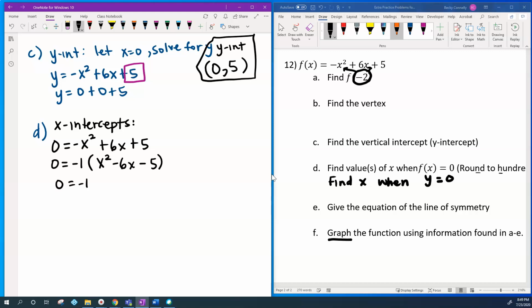And then we'd want to see if this could factor. All right, so what times what is negative 5 that adds to be negative 6?